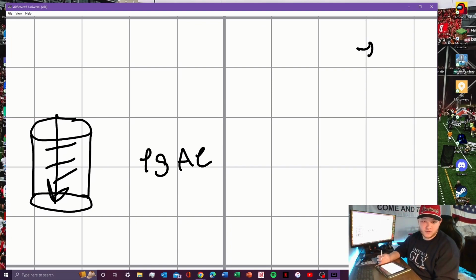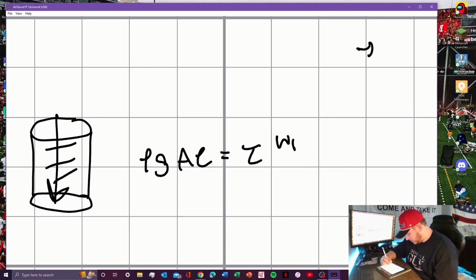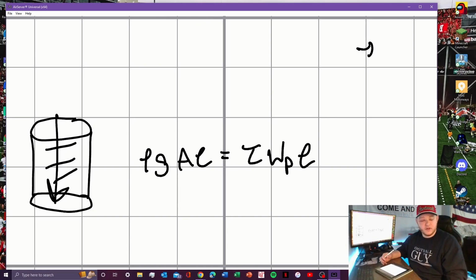We can equate that to the shear stress times the wetted perimeter times the length of the pipe. This is a force balance. The wetted perimeter is basically how much of the water is in contact with the surface of the pipe.